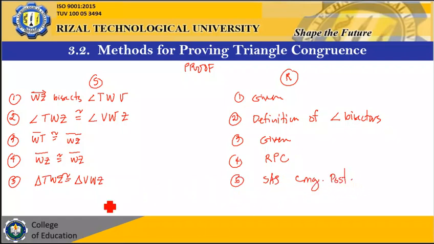Okay, and since we have established already that the two triangles are congruent, we can take the converse of that definition.